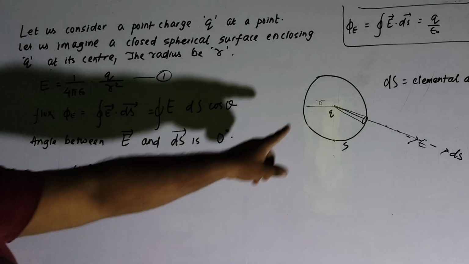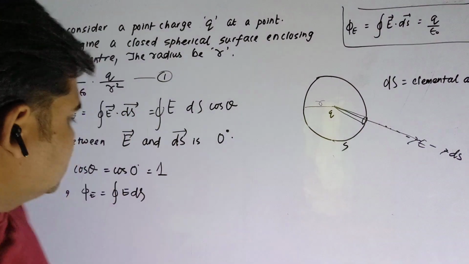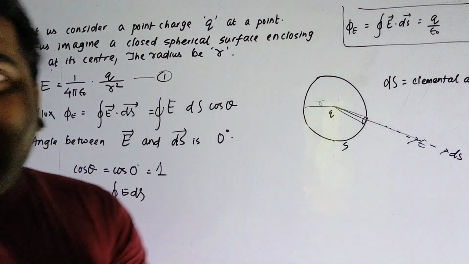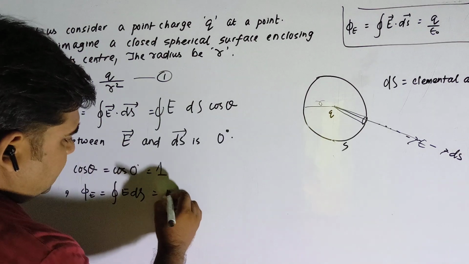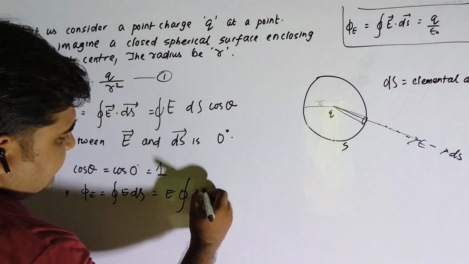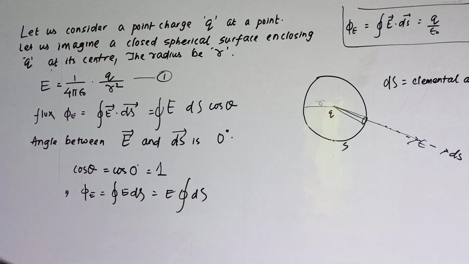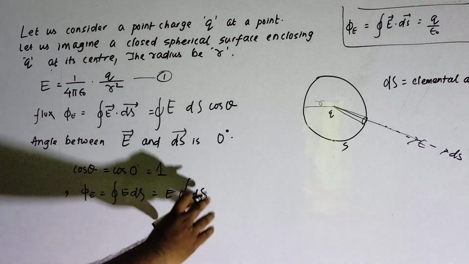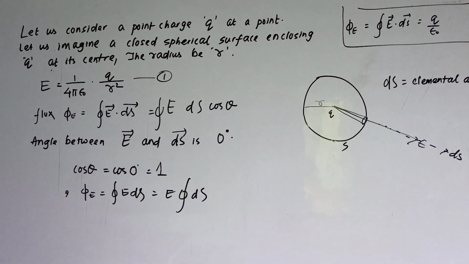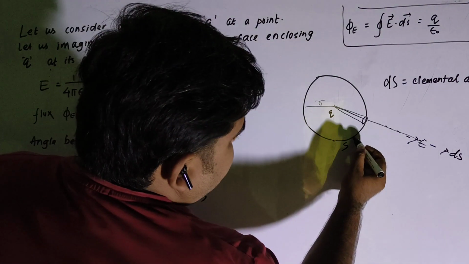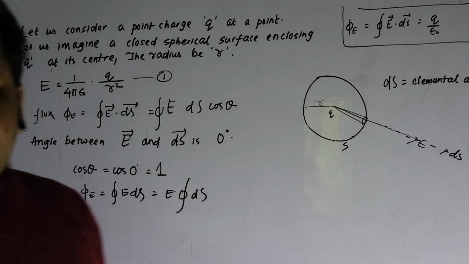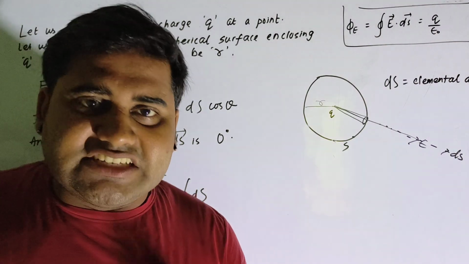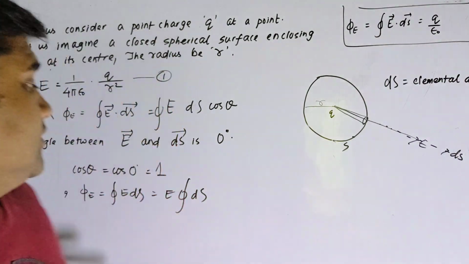Since E is constant throughout that surface, we can take E out of the integral, so E is outside and the integration is over ds. If ds is the small area, then if we integrate it, the total area is the surface area of that spherical surface.